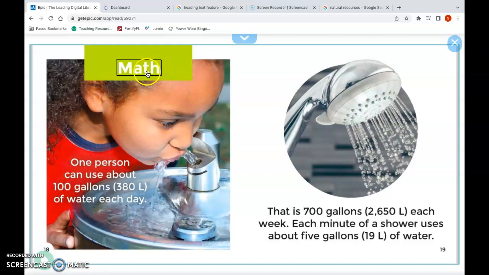Remember, water is one of our natural resources. Here we go. One person can use about 100 gallons of water each day. Friends, that is so much water. That is 700 gallons each week. Each minute of a shower uses about 5 gallons of water. Friends, that is so much water.